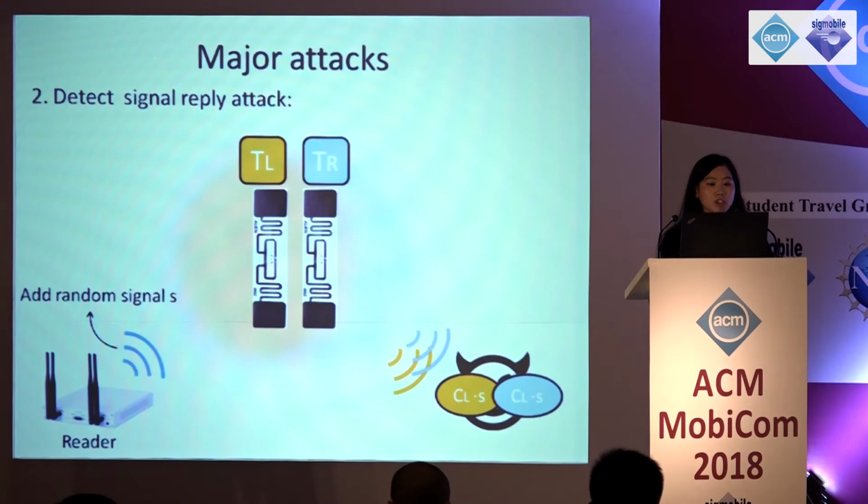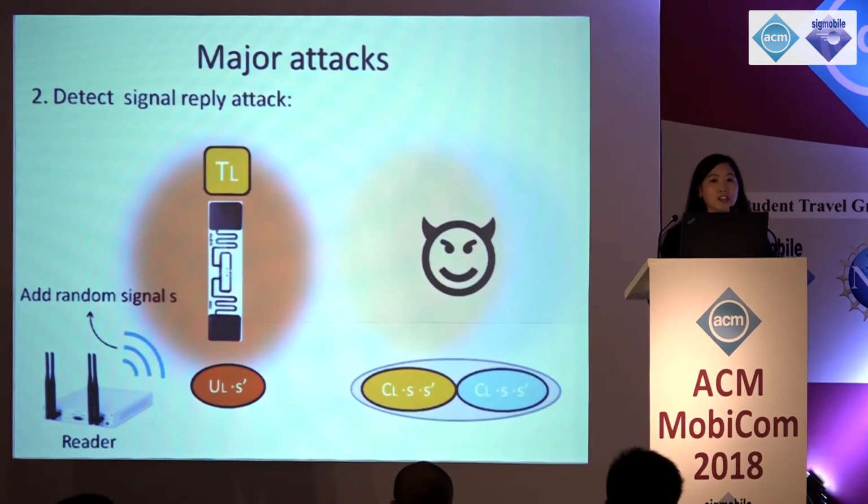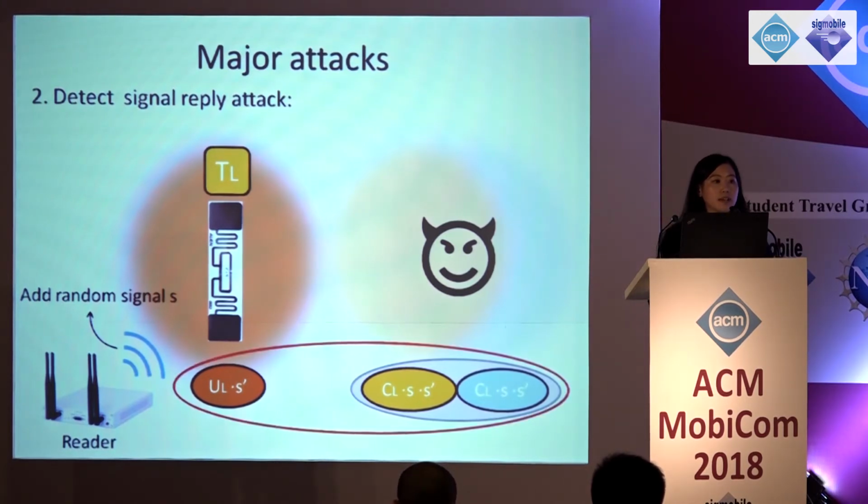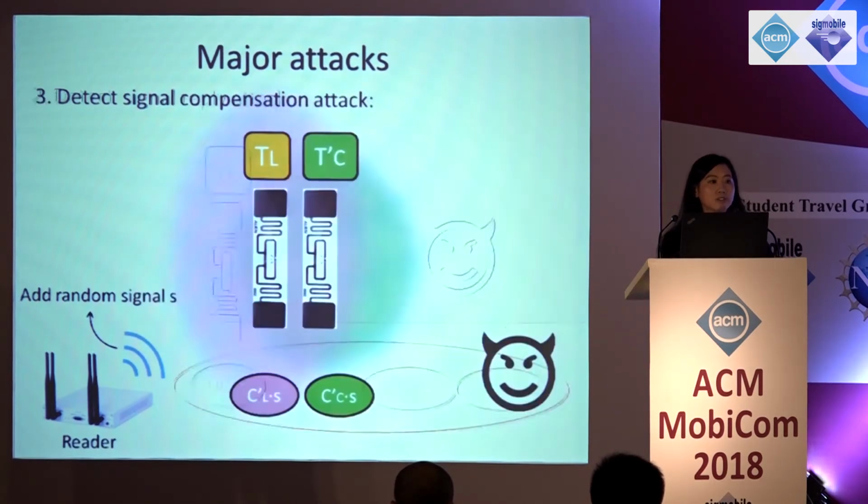And if the attacker records the coupling signal and replays it at the authentication site, the left tag does not enter the coupling state and will still transmit the uncoupled signal U_L. In this case, the reader will detect the existence of the attacker.